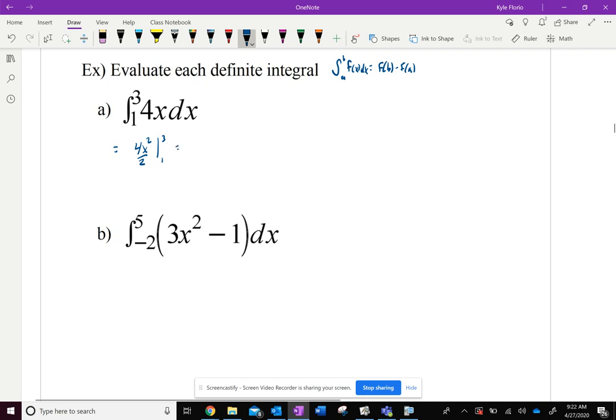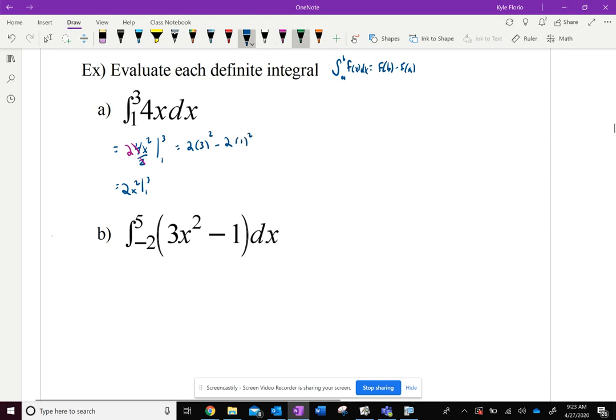By the way, 4 over 2 is just 2. So we get 2x squared. So it's going to be f of b. Let's call this 2x squared from 1 to 3. My upper limit's b, so if I plug in 3, it's going to be 2 times 3 squared, minus f of a, which is 2 times, x is now 1 squared.